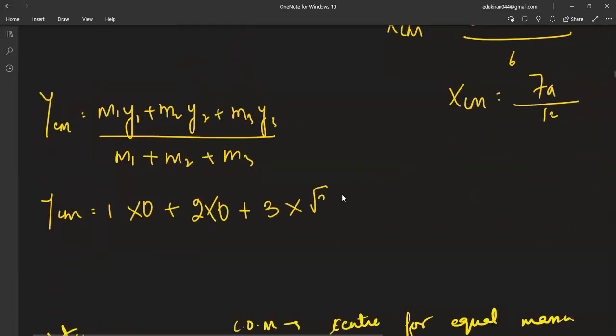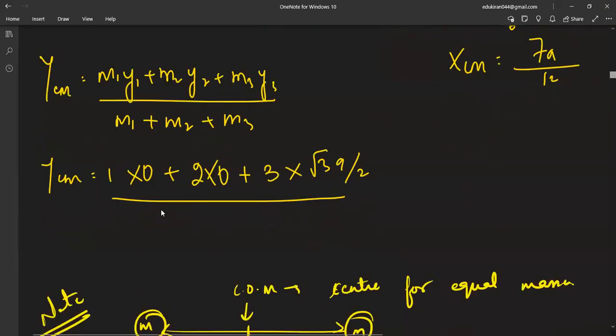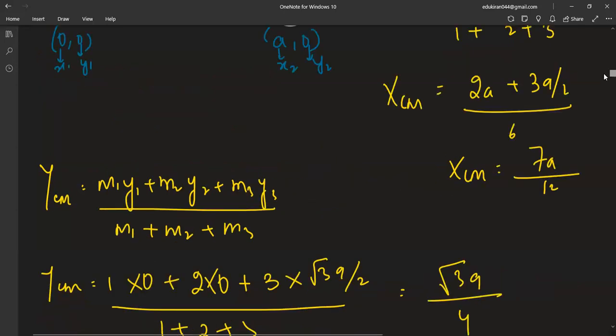And this is root 3 a by 2. Yes. And this is 1 plus 2 plus 3. So this is 6, and then 3 into 2. So we'll take the LCM. This will be root 3a by 4. This is YCM. YCM, XCM, this is how you calculate.